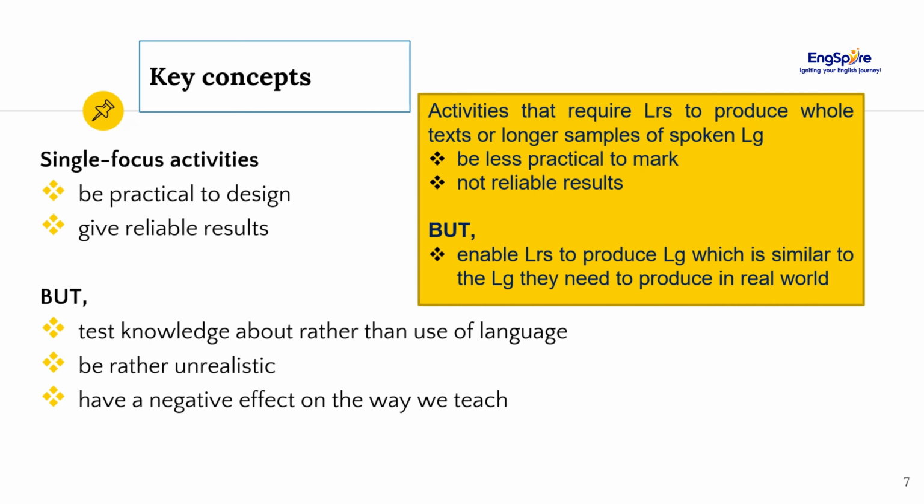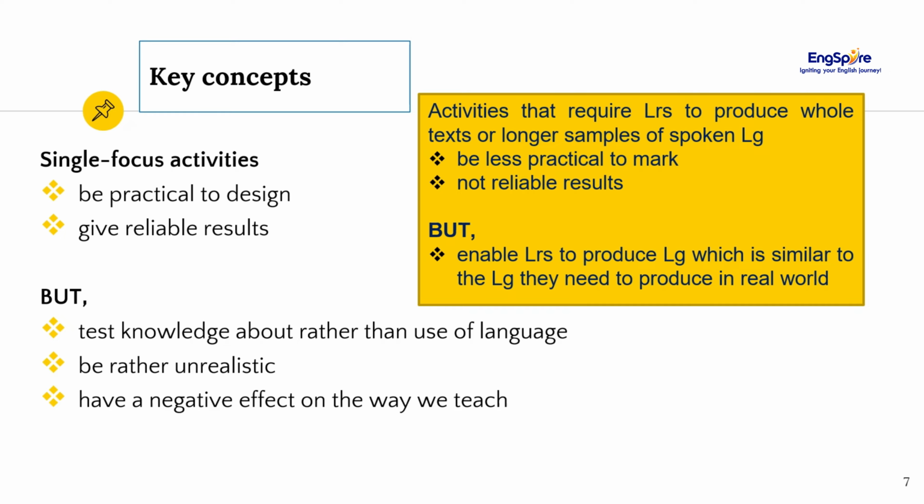On the other hand, activities that require learners to produce whole texts or longer samples of spoken language are more authentic because they reflect real-world communication. The drawback is that they are less practical to mark and the results can be less reliable.